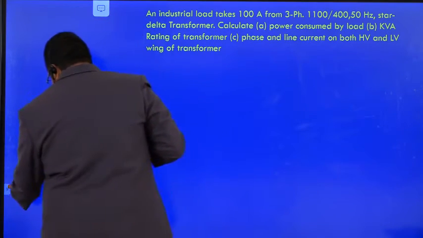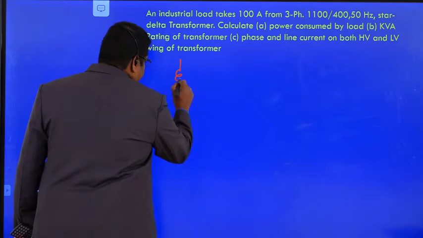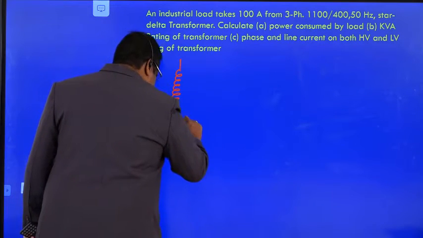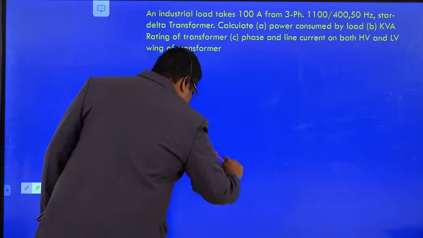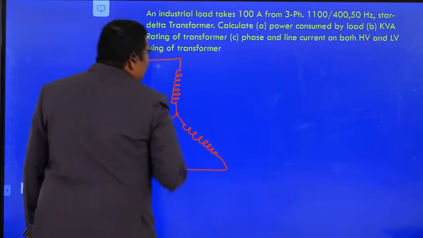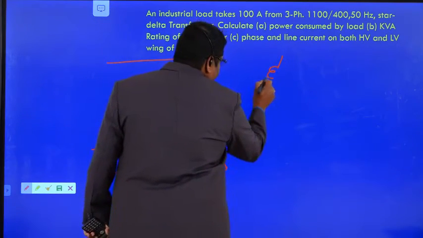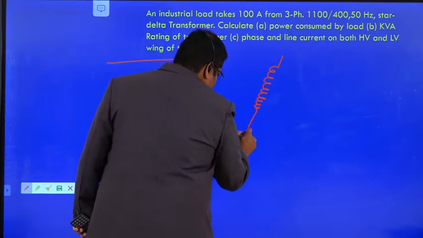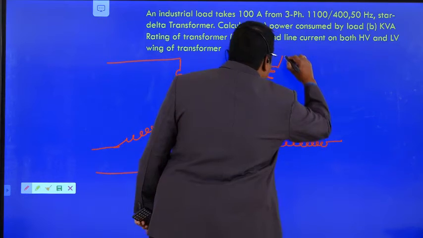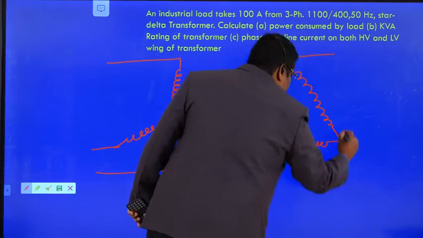The primary winding is connected in star. This is the primary winding which is connected in star. The secondary winding is connected in delta, that is given in the problem. This is delta. Take the 3 terminals outside.